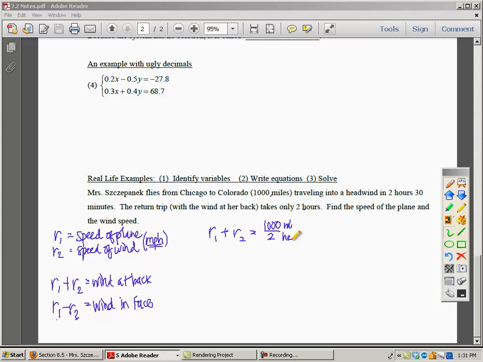Then I'm going to do the other one. When the wind is in my face and it takes me longer, I'm taking the 1,000 miles in 2 hours and 30 minutes. This is really 2.5 hours. So divided by 2.5 hours. Okay, and so I'm going to use these two equations.